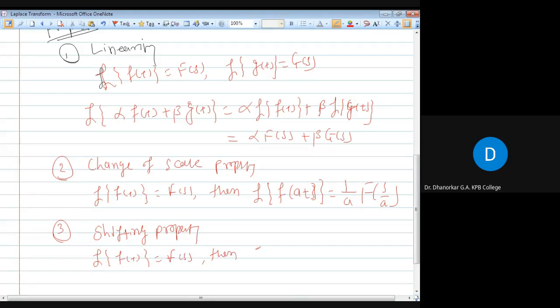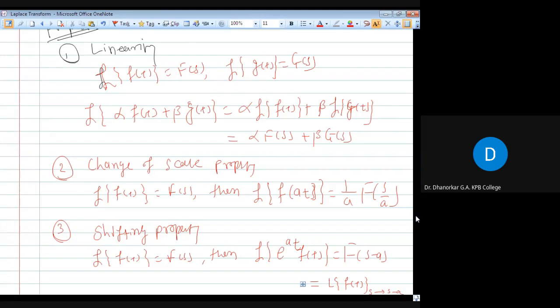Then the Laplace transform of e raised to power at into f of t is equal to F of s minus a. Or I will write the same formula in this way: this is the Laplace transform of f of t, or this is F of s, and here we have to make a change of s by s minus a. This is your Laplace transform.